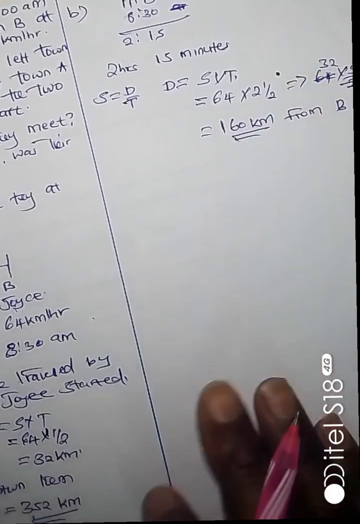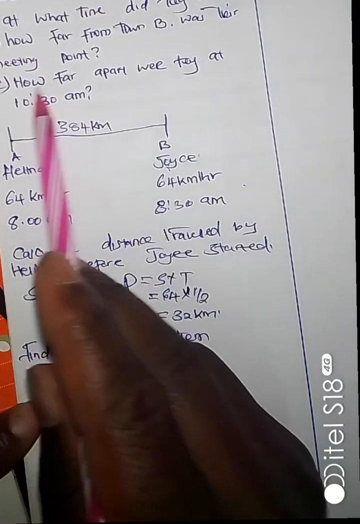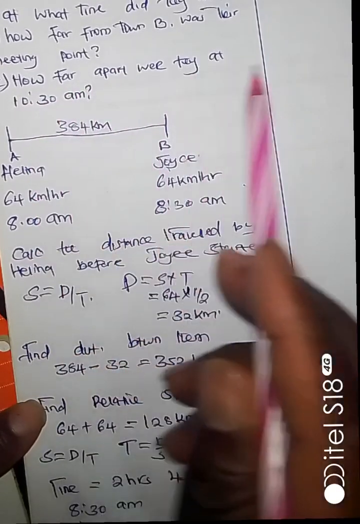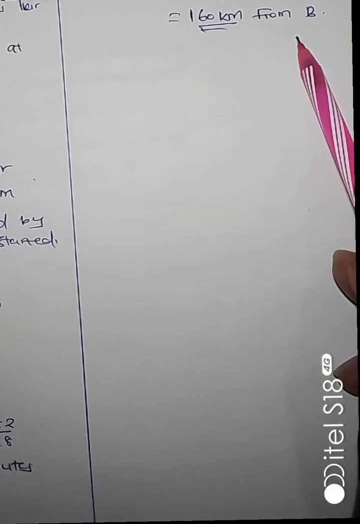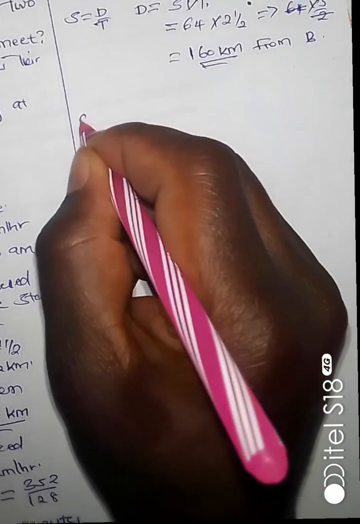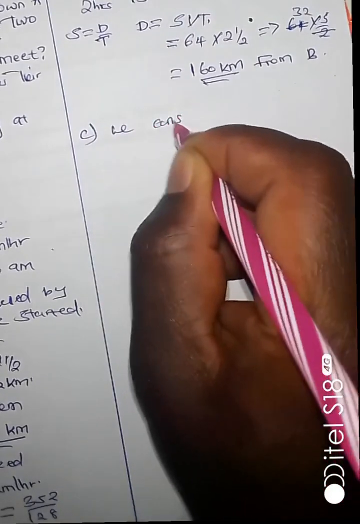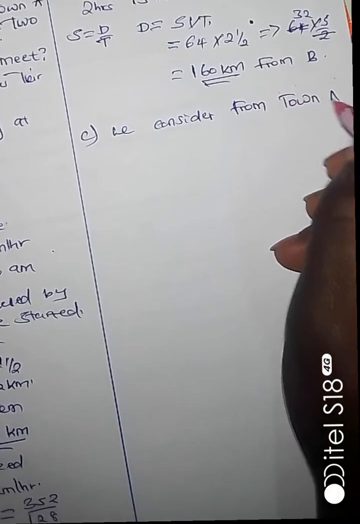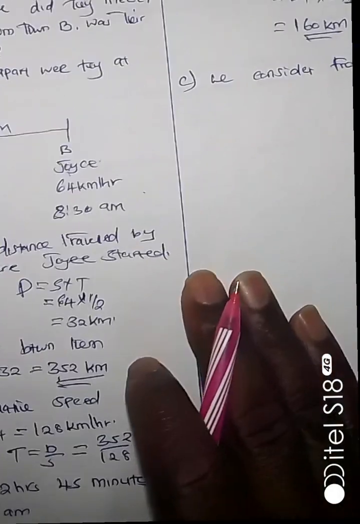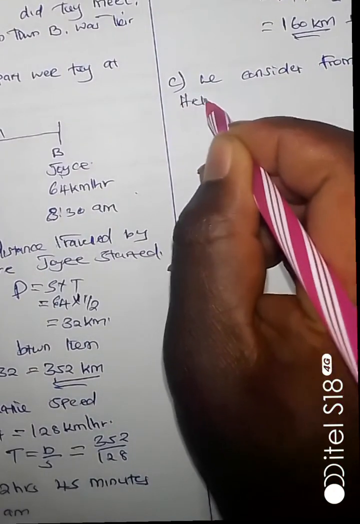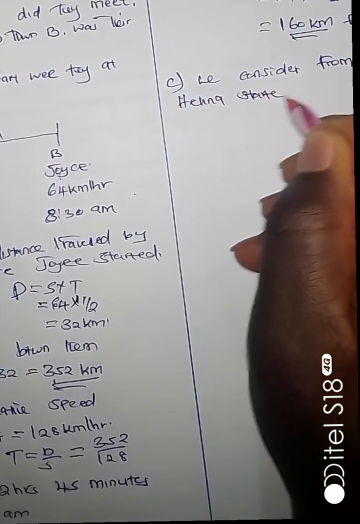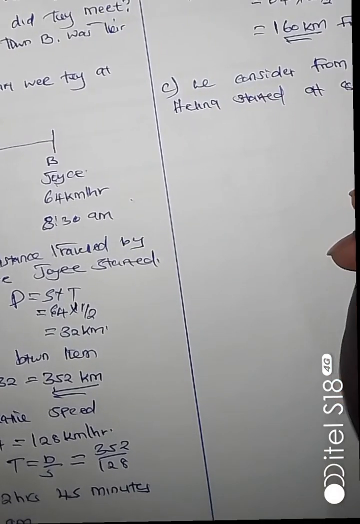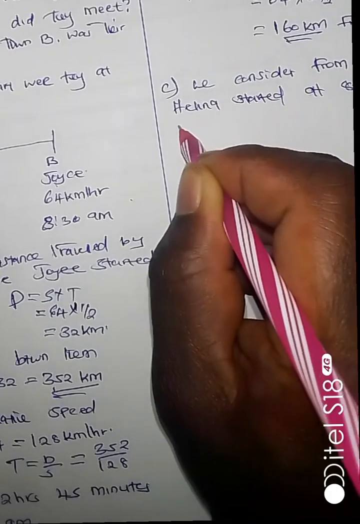from B. Now our question C says, how far apart were they at 10:30? Now since we have found how far they are from town B, now we have to consider town A. Here is Helena, who started at 8 a.m. Now it will be 10:30.